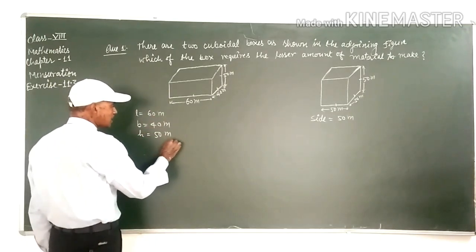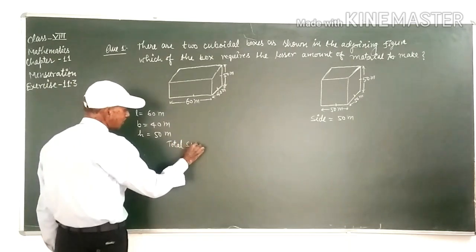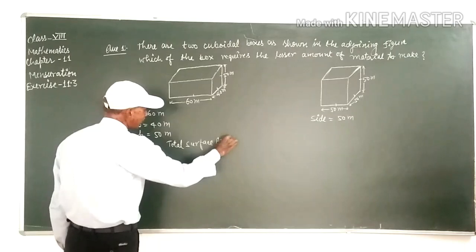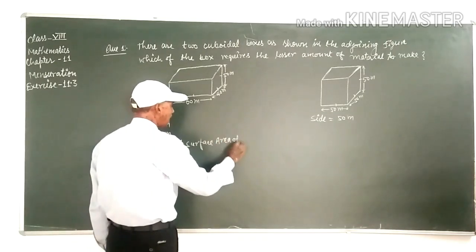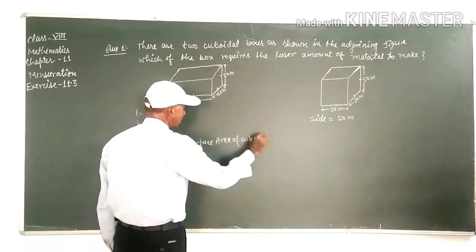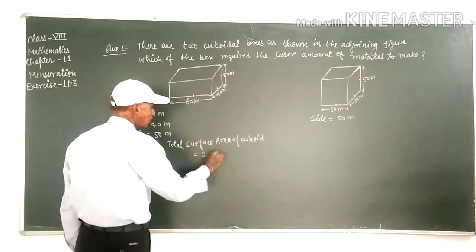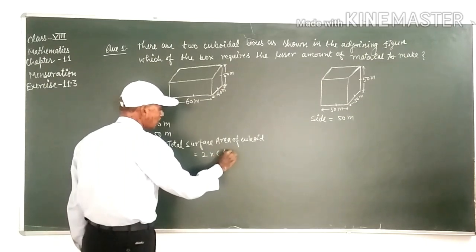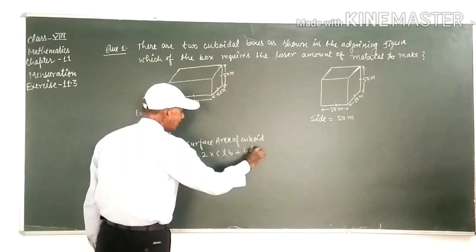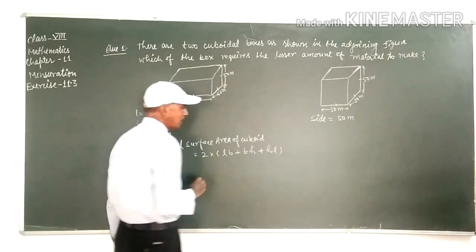So first, this cuboidal box. Total surface area of a cuboid is 2 into (length into width plus width into height plus height into length). Clear students?